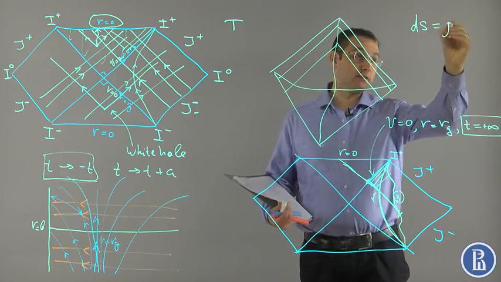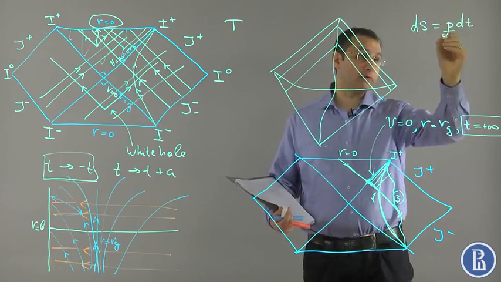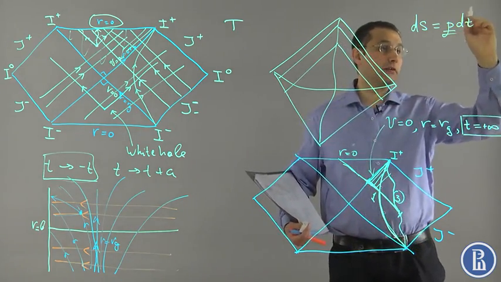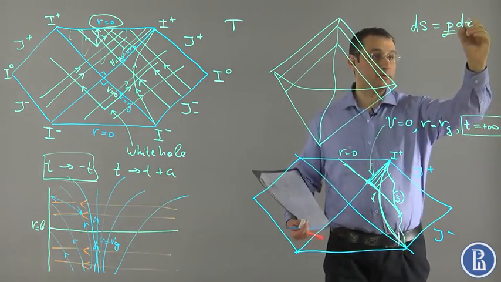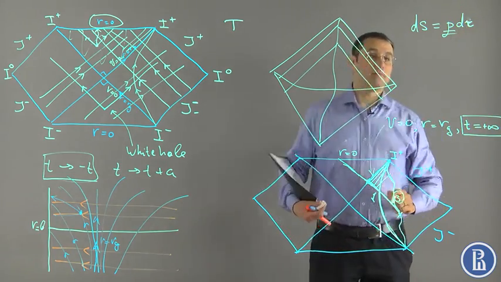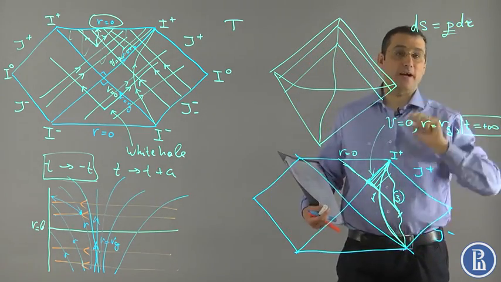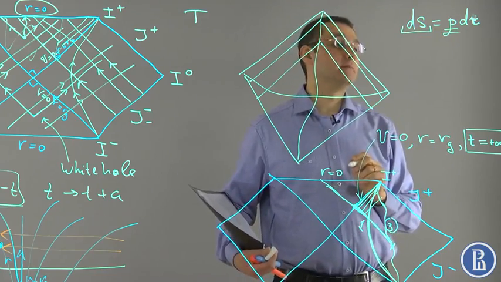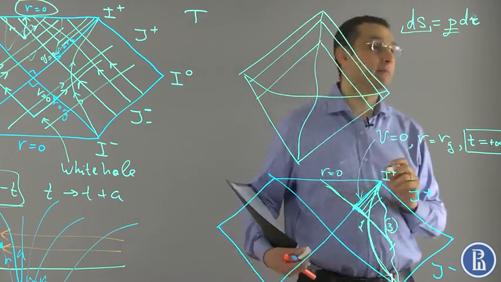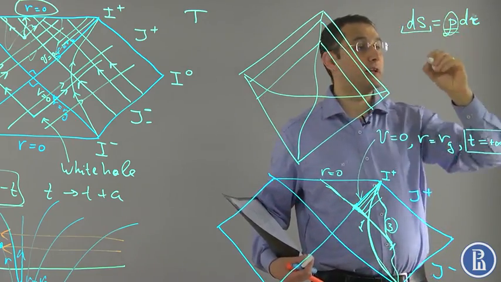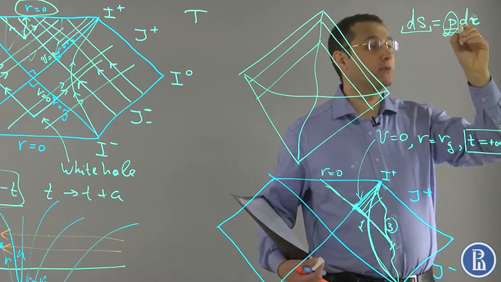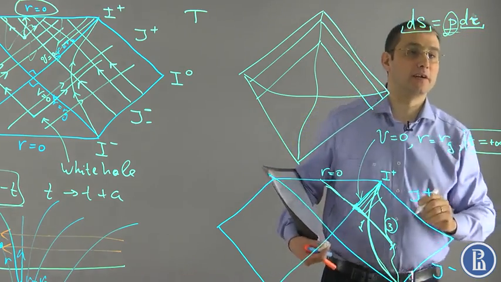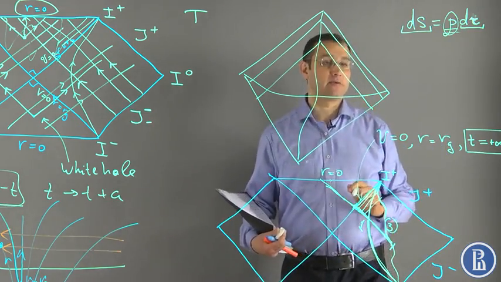So in fact, it's similar to what we have encountered in Rindler space. You remember that rho equals 0 was the Rindler horizon, and tau was the Rindler time. Finite amounts of proper time in the Rindler spacetime, as rho approached 0, corresponded to longer and longer amounts of the coordinate time, Rindler time tau.